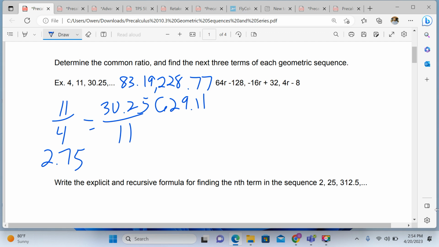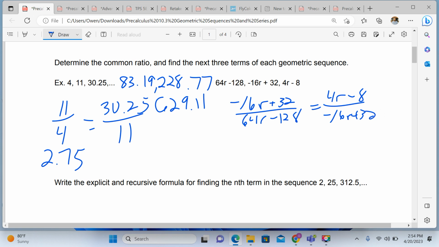Let's see this one over here. What's happening? Is it going to be the same each time? Negative 16r plus 32 over 64r minus 128, 4r minus 8 over negative 16r plus 32.